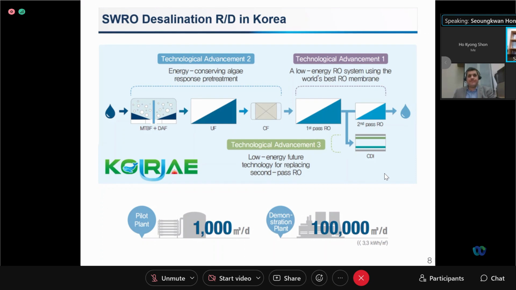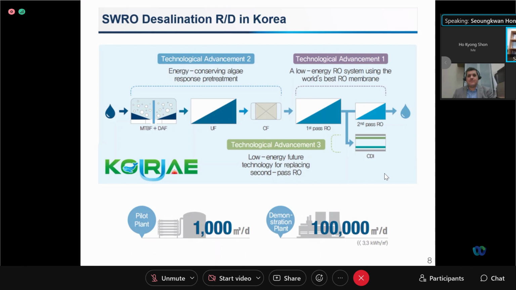Then we try to develop a 1,000 tons per day pilot plant, and then we convert all of those data to the design of a 100,000 cubic meter per day real plant, so that we can achieve 3.3 kilowatt hour per cubic meter of water produced, which is considered to be very low energy desalination energy consumption.